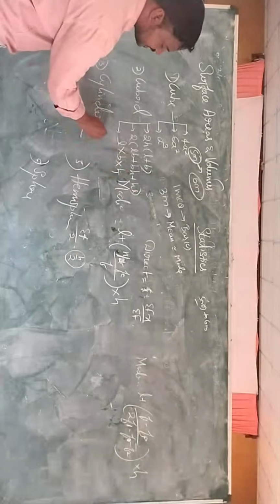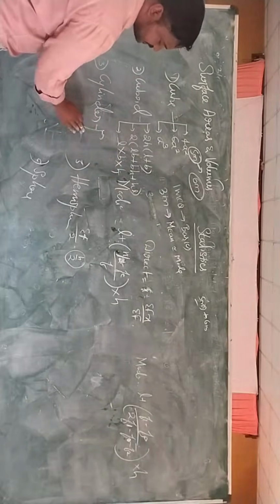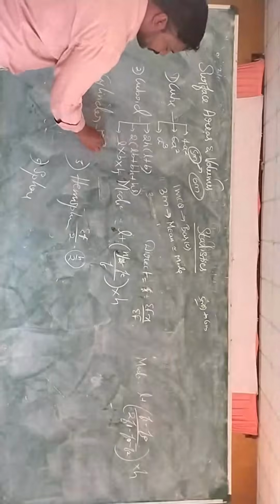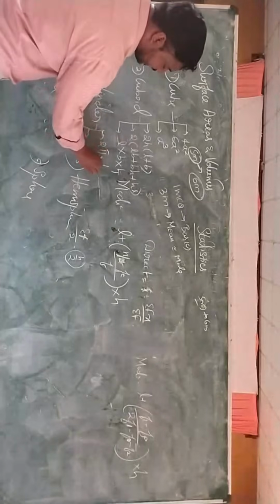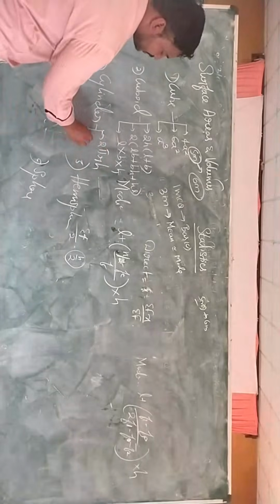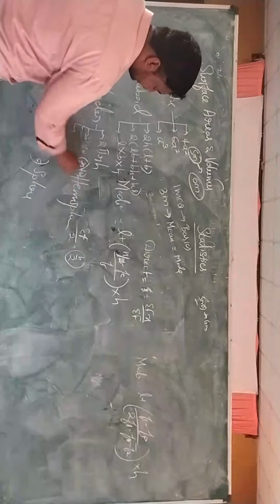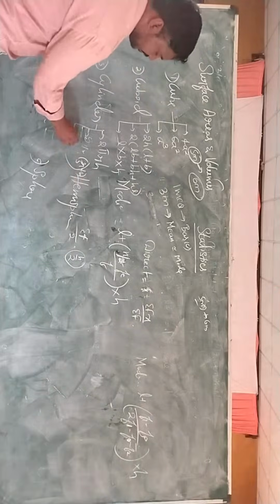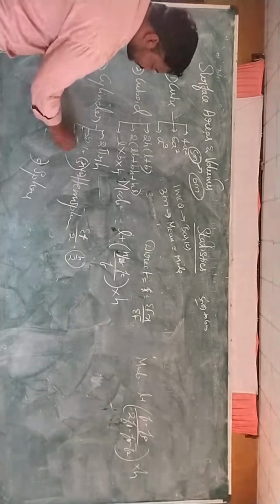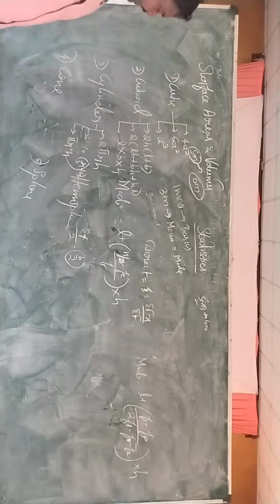And cylinder here, CSA, not LSA, curved surface area: 2 pi r h. Total surface area 2 pi r into (r plus h), and volume pi r square h.